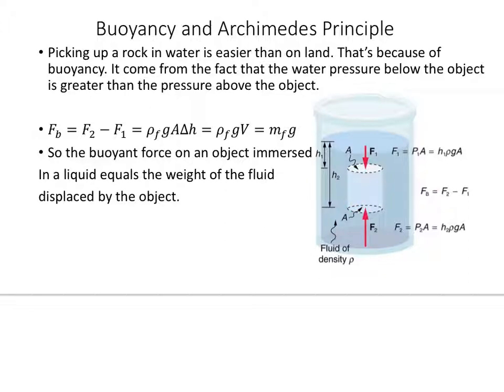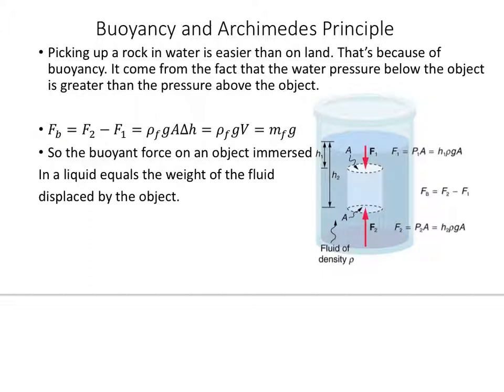So the product of area times this delta H, the difference in the heights, is equal to the volume of this thing. So we can say that the buoyant force is equal to the density of the liquid times G times this volume. But the product of density times volume is mass.